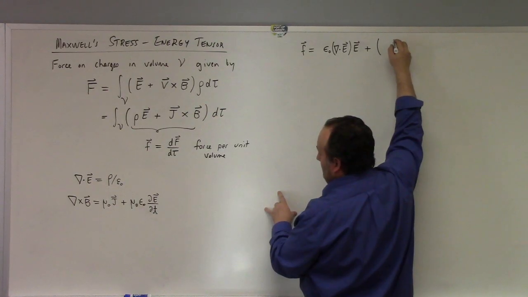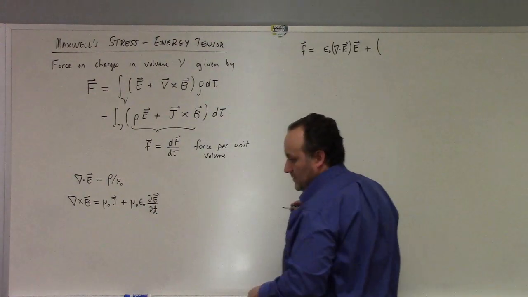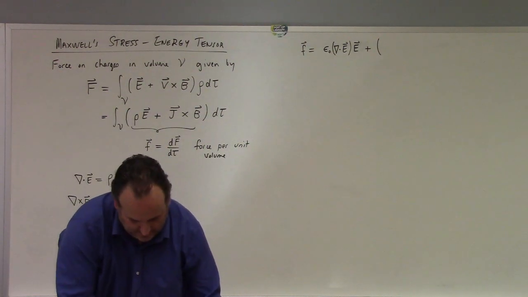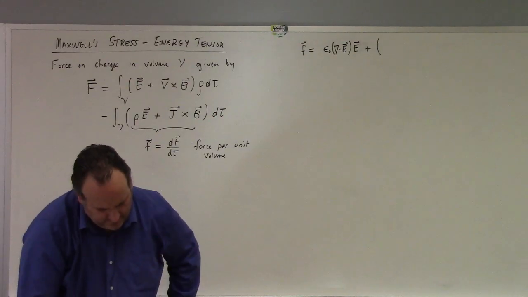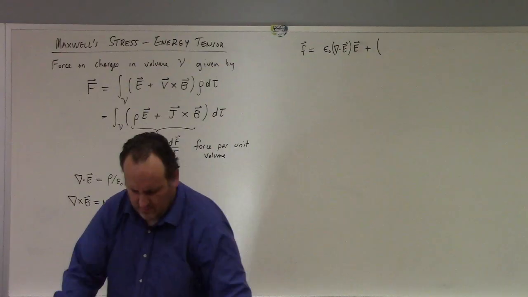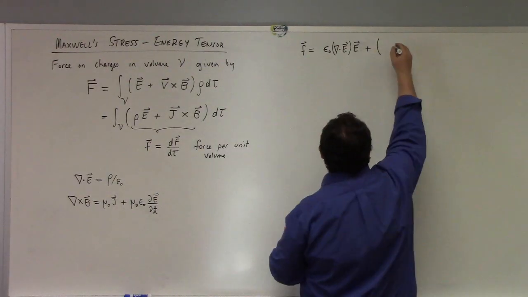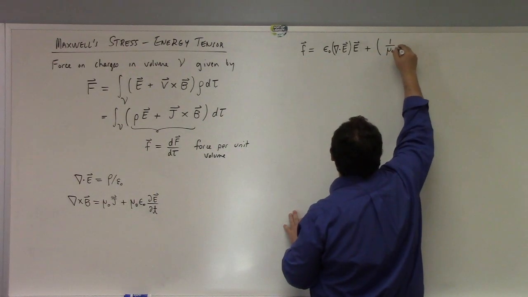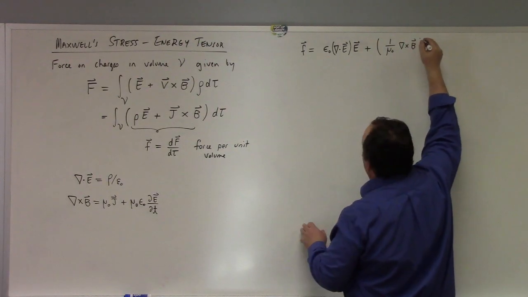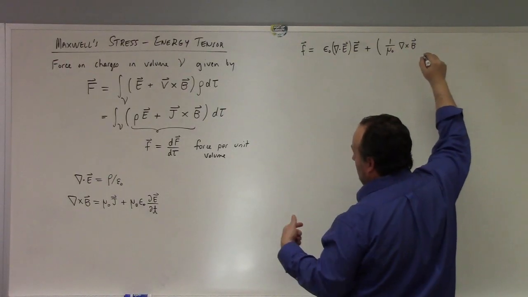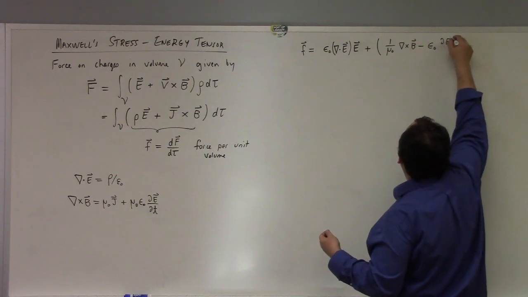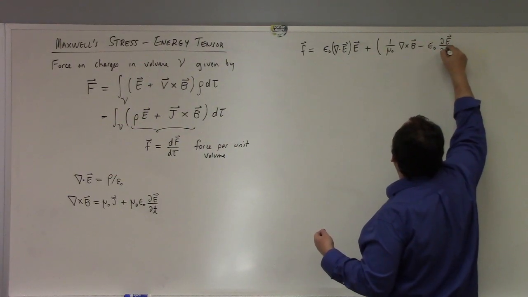Sorry guys, I'm remembering later in the derivation, and I'm like, this isn't what I remember. That's because I'm like 5 steps ahead in my memory. So 1 over mu naught curl of B minus epsilon naught partial E partial T, right? The mu naughts, they be canceling.